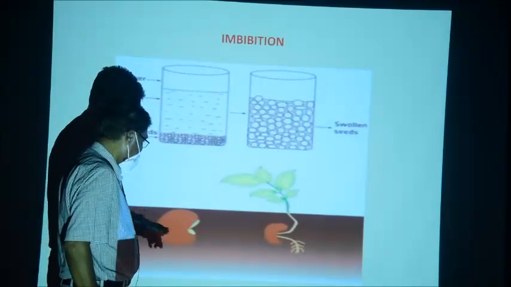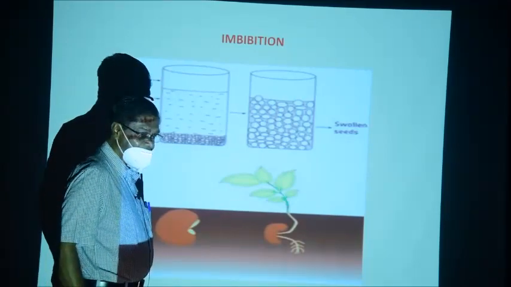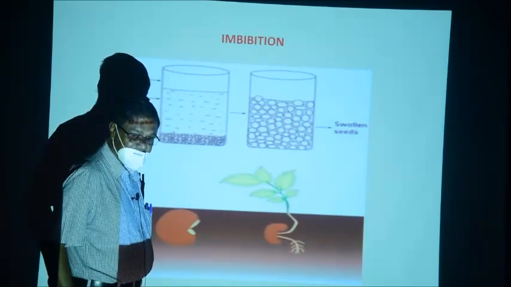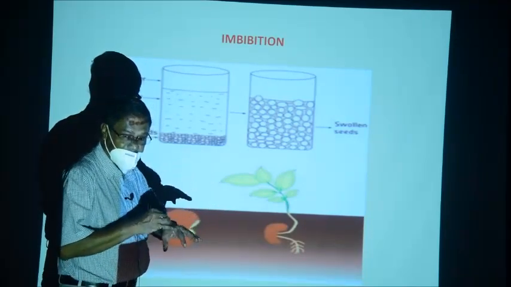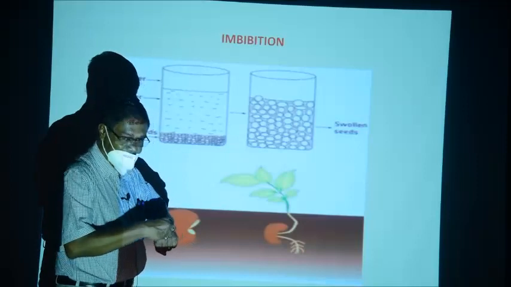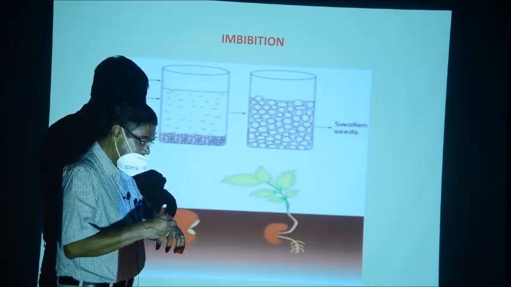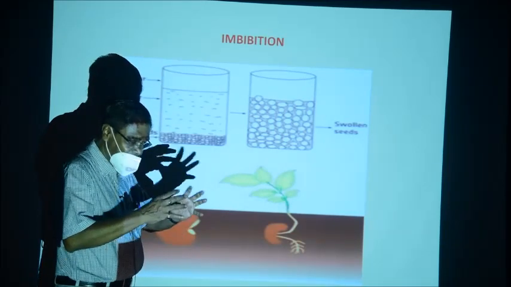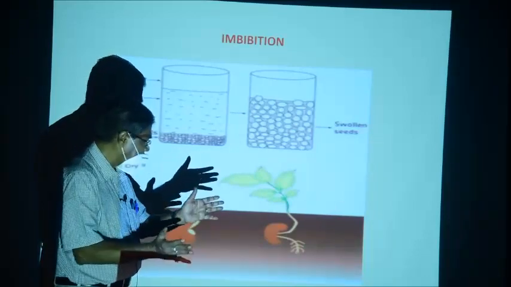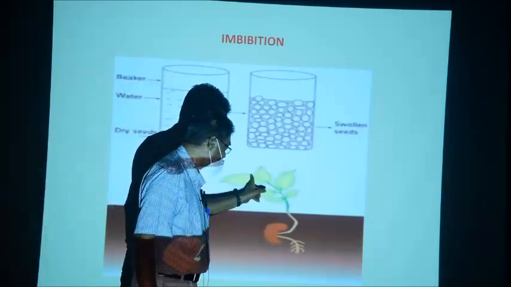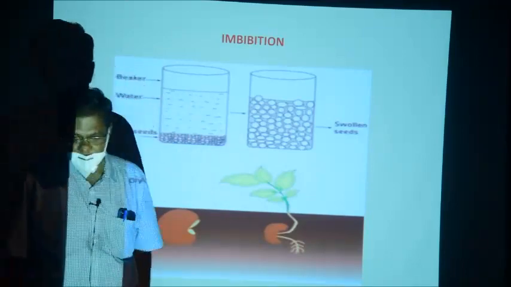Now, the swollen seeds are because of adsorption. What is this adsorption? The solid surface of the particles gets attached to the liquid molecules. The attachment of liquid molecules swells it, and because of this the seed bursts and there is germination. So imbibition helps in germination.